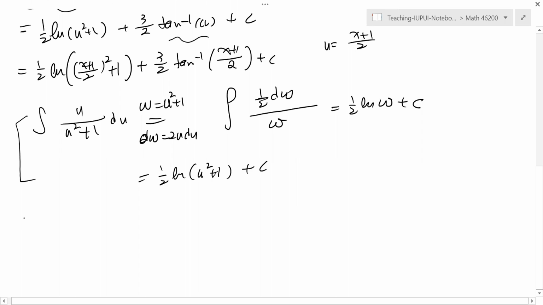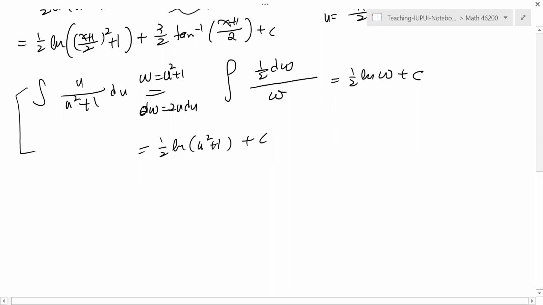This section 7.7 is about approximation of integrals. Now, why do we have to study the approximation of integrals? Well, there are several purposes here. One is to understand the definition of the integral. What does that mean?